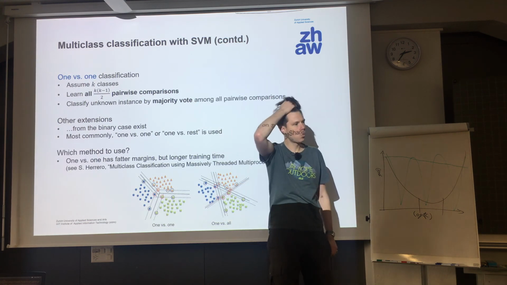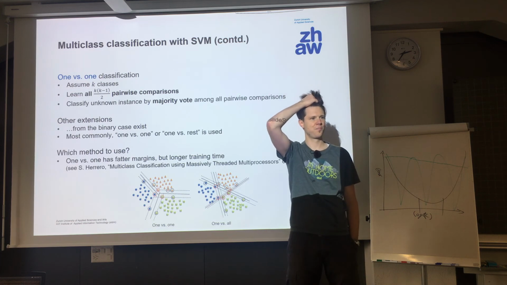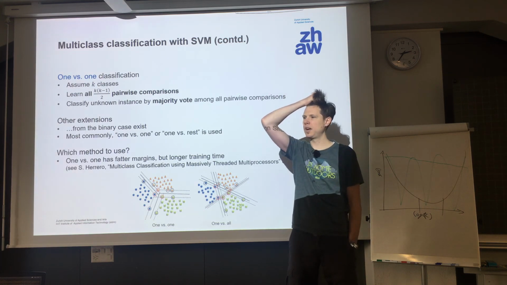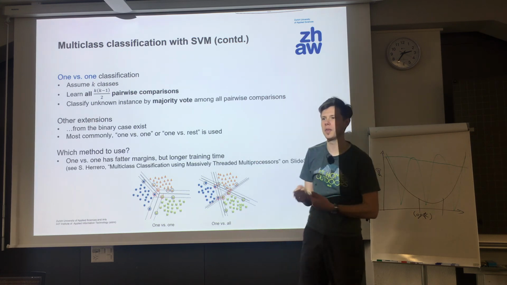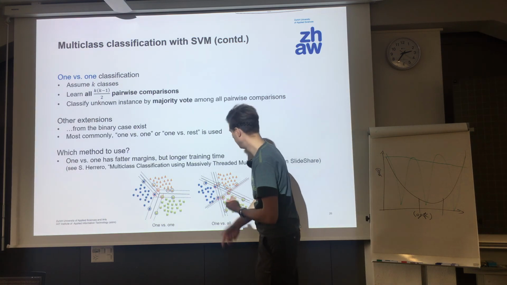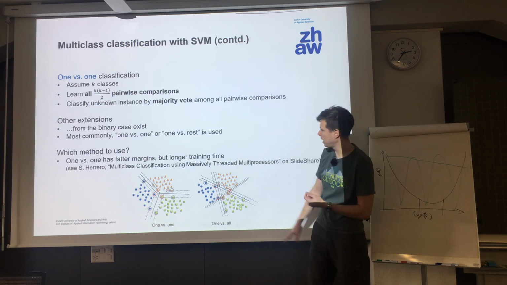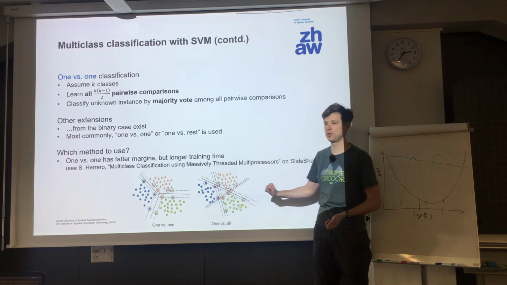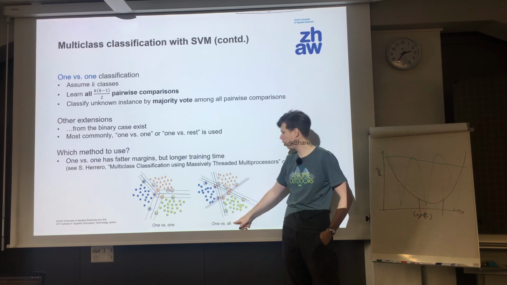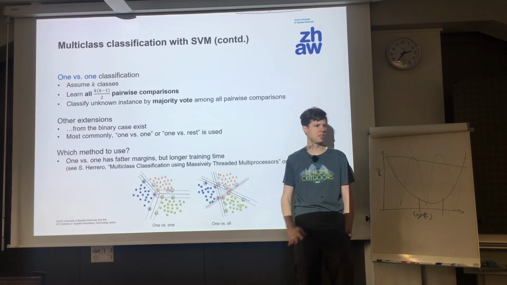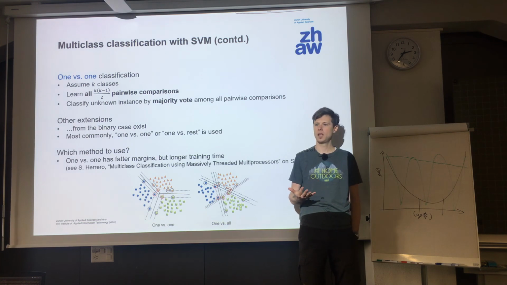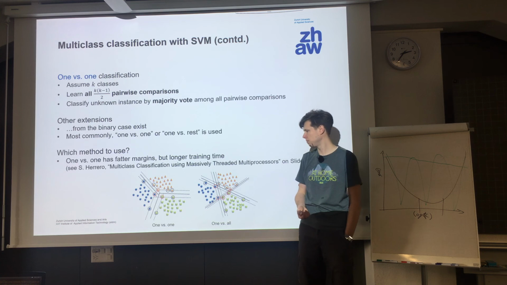The question arises, which method is better? As often, there are criteria to decide, but it's not per se that one's better than the other. It depends a little bit on what you want. I think these two pictures are very helpful to explain it. The one versus all method, the one from the previous slide, builds fewer classifiers, so it has less training time. That's a computational advantage.